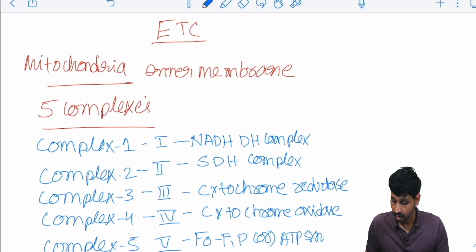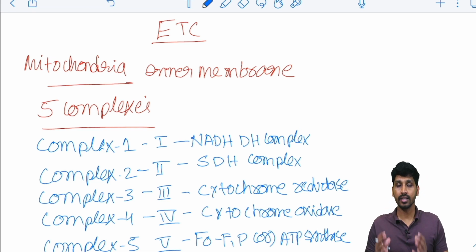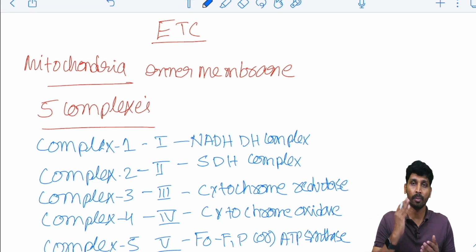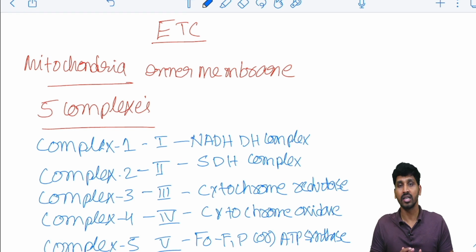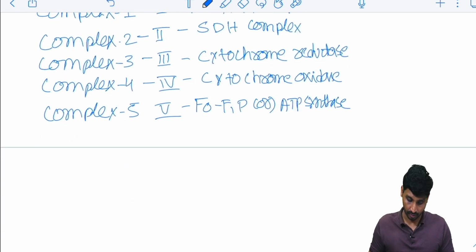So, these are all the complexes involved in ETC: complex 1 is NADH dehydrogenase complex, complex 2 is succinate dehydrogenase complex, complex 3 is cytochrome reductase complex, complex 4 is cytochrome oxidase complex, and complex 5 is F0 F1 particle or ATP synthase complex.